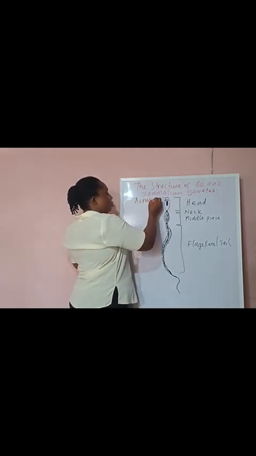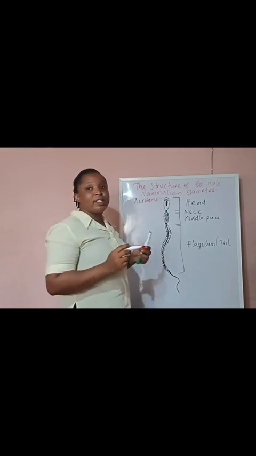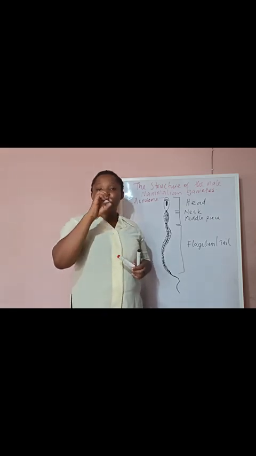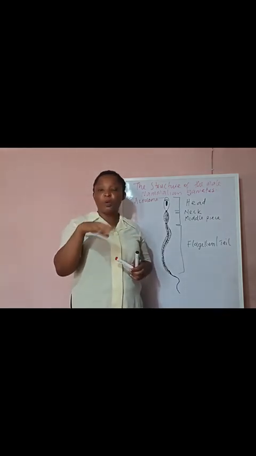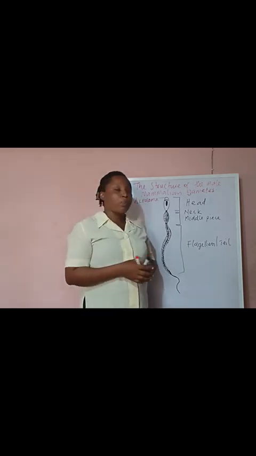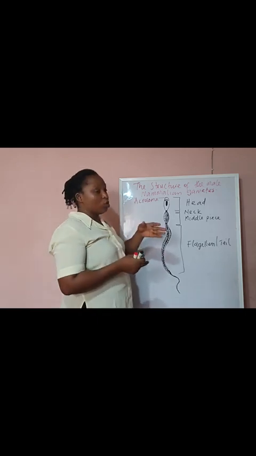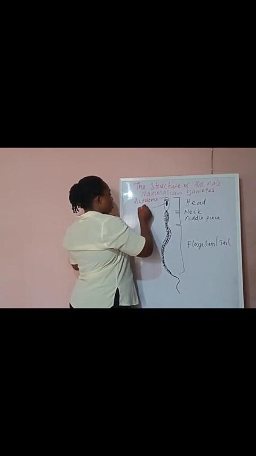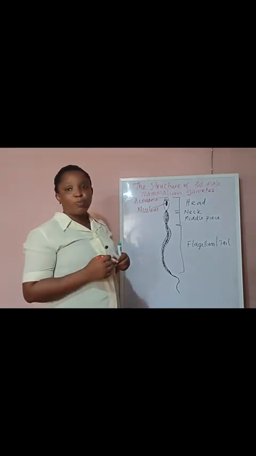This acrosome contains lytic enzymes. These lytic enzymes help the sperm dissolve the shell that surrounds the oocyte, so that it will be able to penetrate into the egg. We have the nucleus, which carries the genetic information of the sperm.